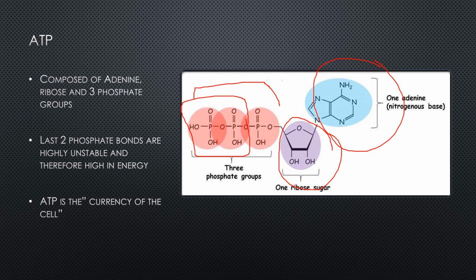So we go from ATP to what we call ADP, which is adenosine diphosphate. And when we do that, it releases energy that can be captured and used by the cell. So ATP is what we call the currency of the cell. The cell has to pay in ATP to accomplish any function.